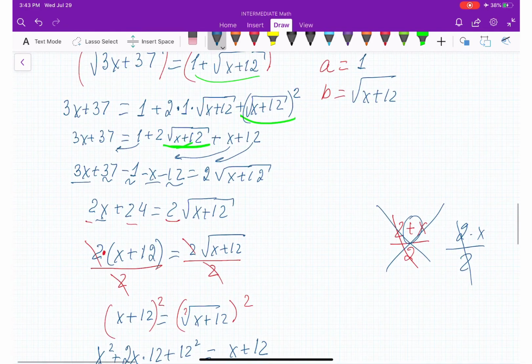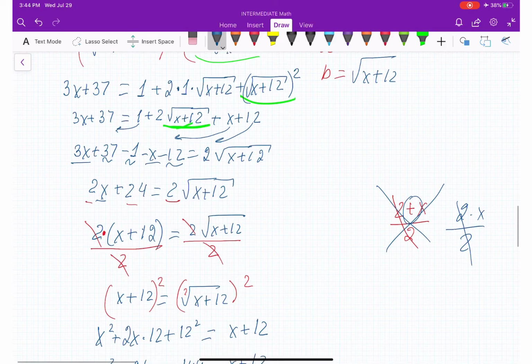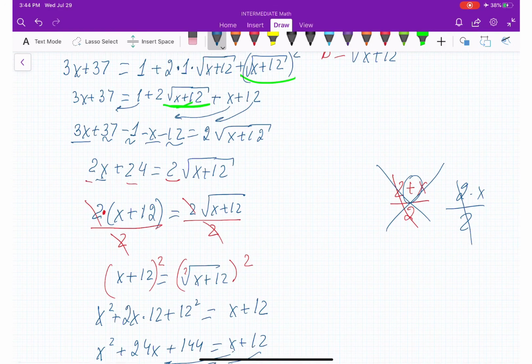So, well, everywhere we have plus, right? 3x plus 37 minus x minus 12 minus 1, 2 square root x plus 12, okay. 3x minus x, I'm getting 2x. 37 minus 12, I'm getting positive 24. Okay, 2x plus 12.